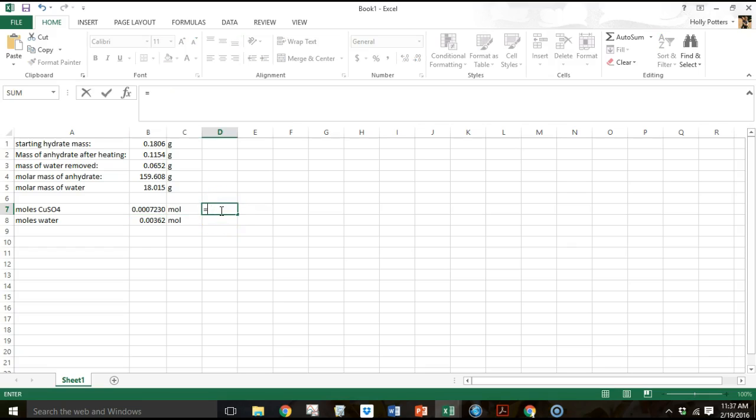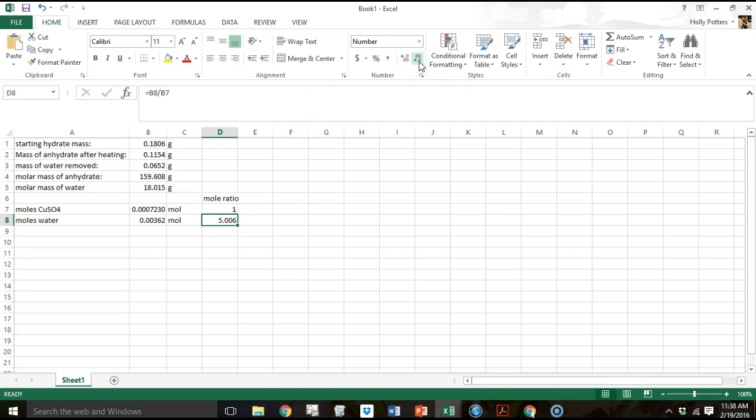I'm going to do this number divided by itself, and that gives us a 1. And I'm going to do this number divided by that small number as well, and that gives me 5.00. So this is our mole ratio. And luckily this is a whole number. It's coming out very, very close to a whole number.